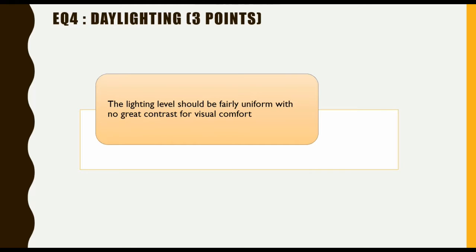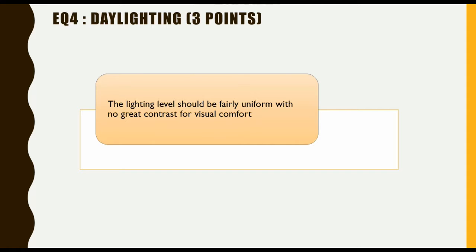EQ4, daylighting. The implementation of the daylighting system for a building includes windows, face shading, and light daylighting devices. The daylight factor is the ratio of indoor light level measured on the floor to the outdoor light level during overcast conditions with no direct sun.